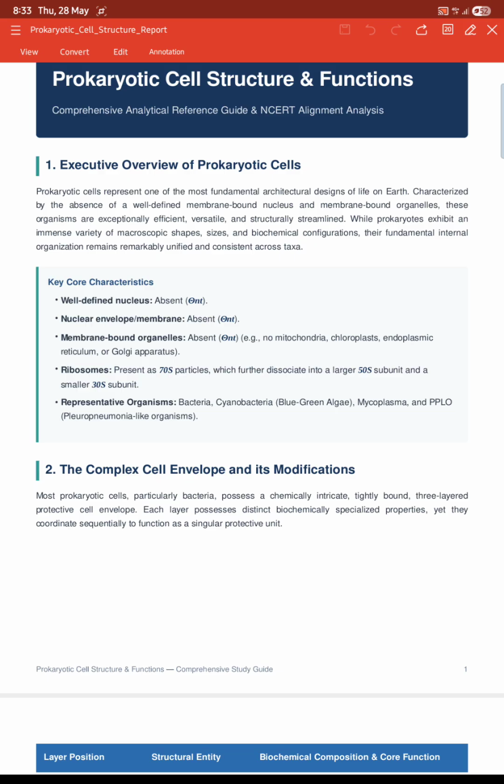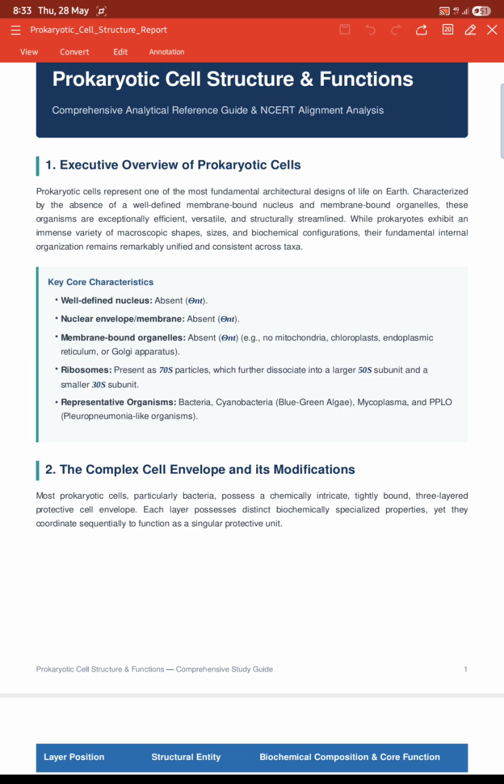Here, the prokaryotic cells represent the most fundamental architectural design of life on the earth. This means that prokaryotic cells are simple as compared to eukaryotic cells. They have an absence of a well-defined membrane-bound nucleus and membrane-bound organelles.